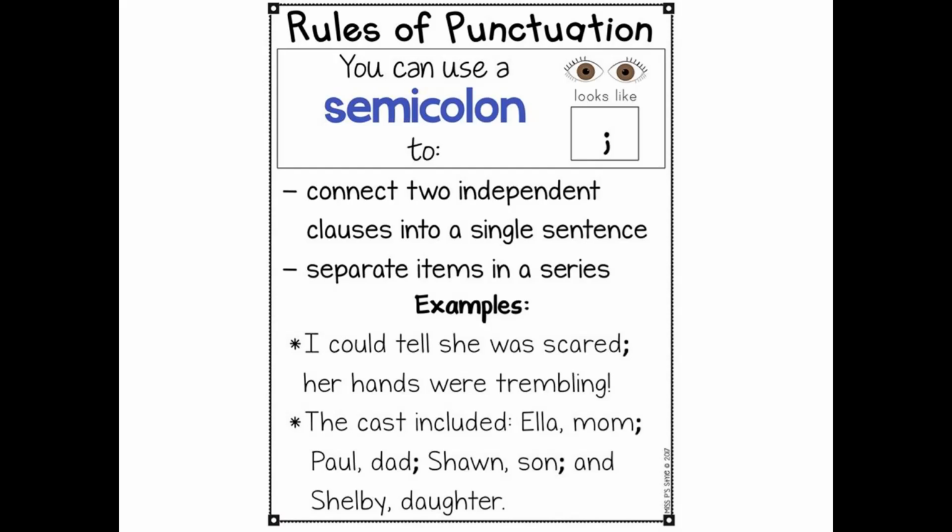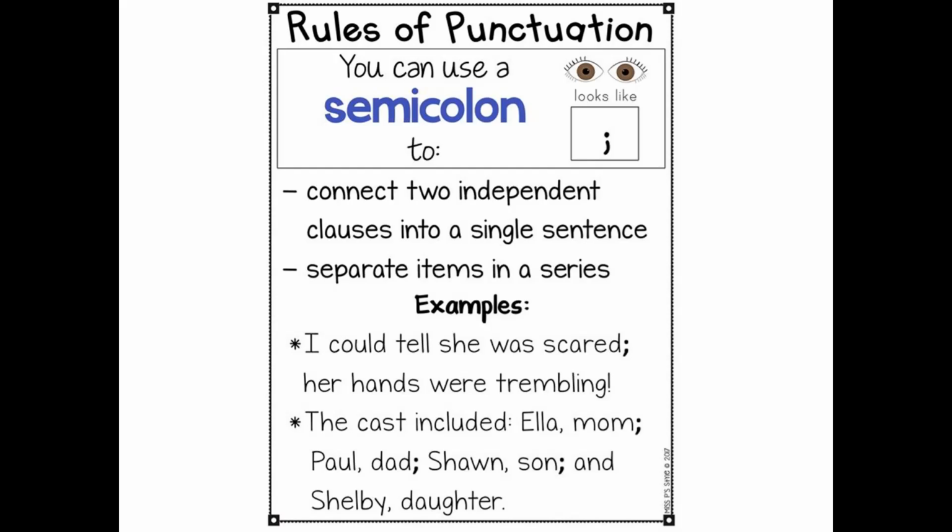How can you recognize the use of the semicolon in example number 1? I think it's used to connect two independent clauses. Okay. Can you help me read the two independent clauses in this sentence? The first one is I could tell she was scared, and the second one is her hands were trembling.